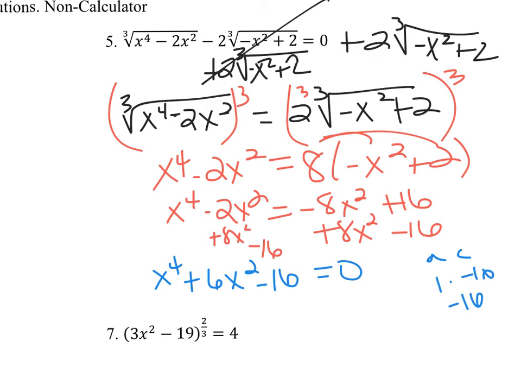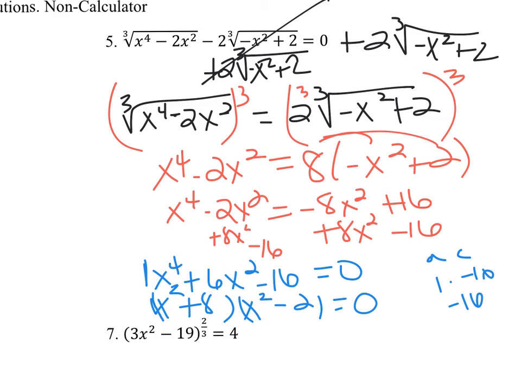So that would be positive 8, negative 2. Okay, so since my A is 1, I'm going to have my positive 8 and my negative 2, but it's not going to be x that starts our parentheses. X times x is x squared, but we have x to the 4th, so we'll instead have x squared and x squared, equals 0.